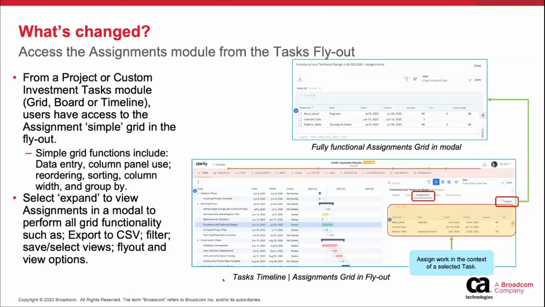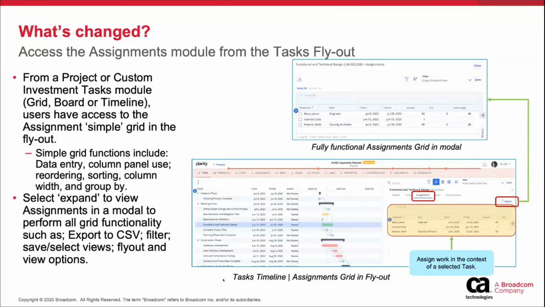Those are things that we refer to as the simple grid. If you want to look at a larger view of that same grid, you can click the expand button and get access to all of the capabilities that are afforded to a grid.